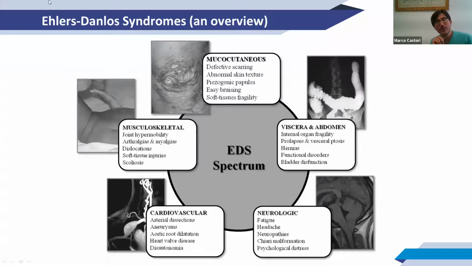A subgroup of EDS, in particular vascular EDS and kyphoscoliotic EDS. Anyway, we can find a good review on vascular manifestations in EDS in an issue of Matrix Biology journal by Professor Malfait in Ghent.